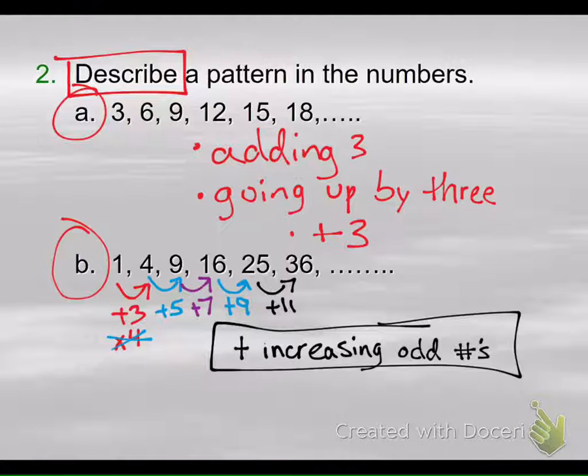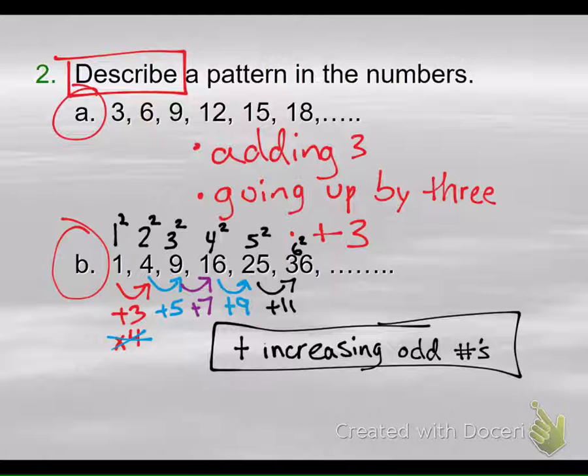Do you guys remember what it means to square a number? It's when you multiply it by itself. What's 1 times 1? 1. What's 2 times 2? 4. What's 3 times 3? Oh. I know! Isn't that amazing?